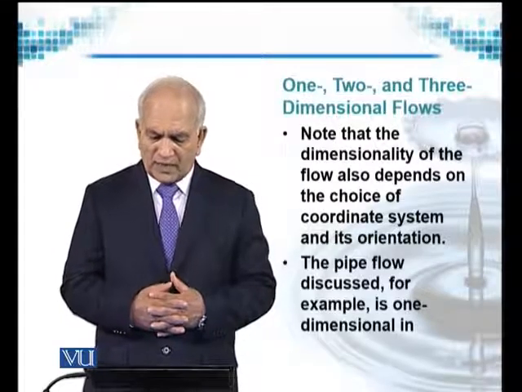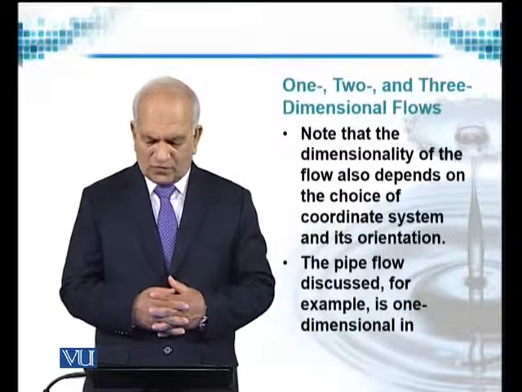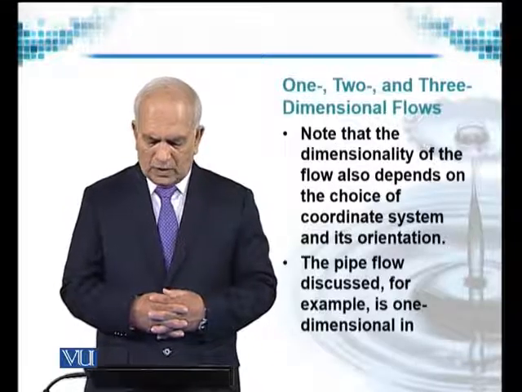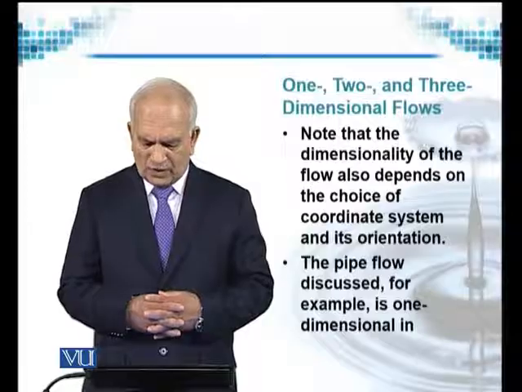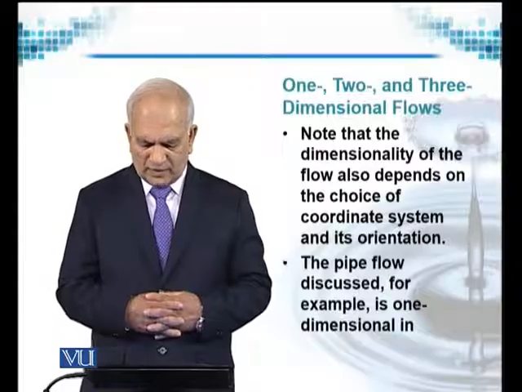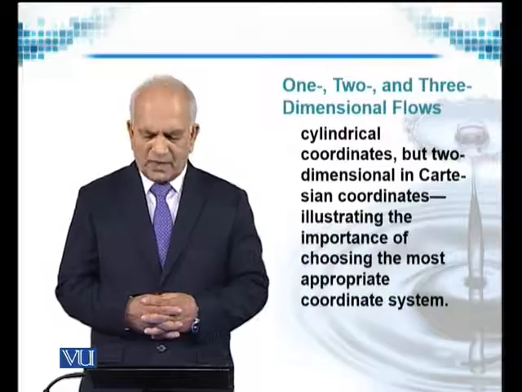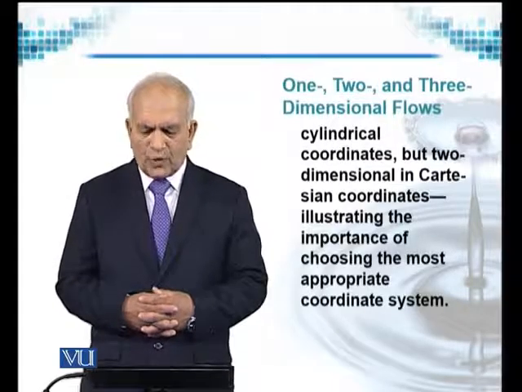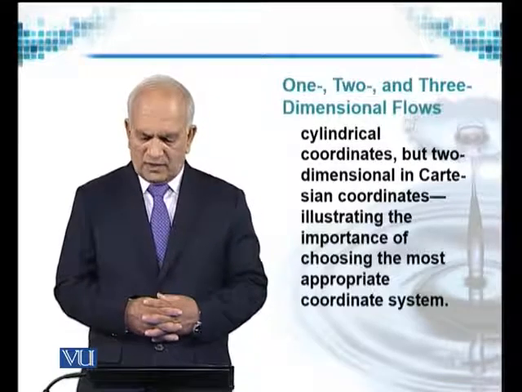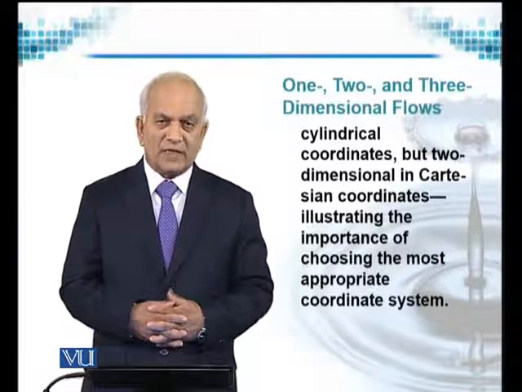Note that the dimensionality of the flow also depends on the choice of coordinate system and its orientation. The pipe flow discussed, for example, this was just to discuss an example and show some of the things, is one dimensional in cylindrical coordinates but two dimensional in Cartesian coordinates, illustrating the importance of choosing the most appropriate coordinate system.